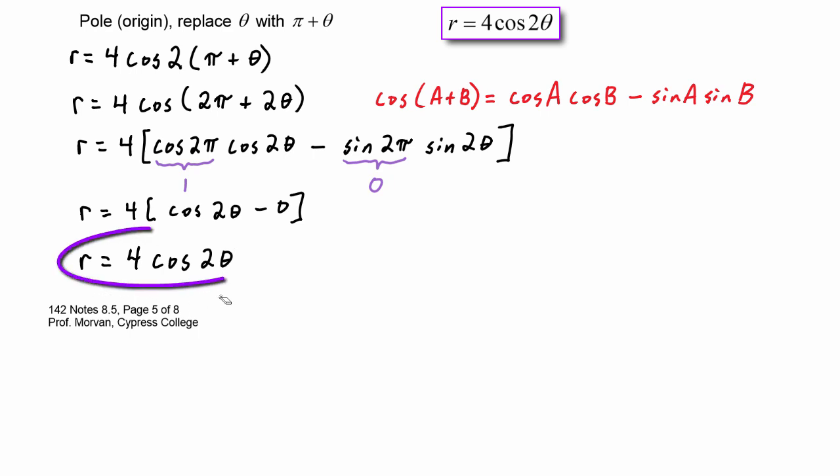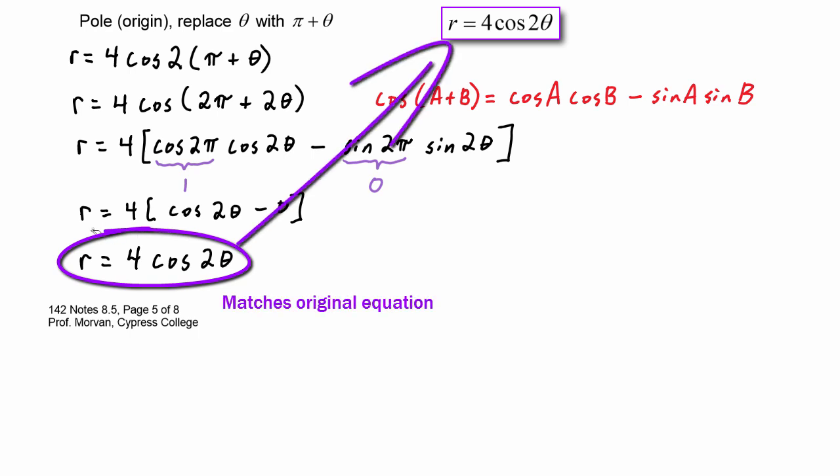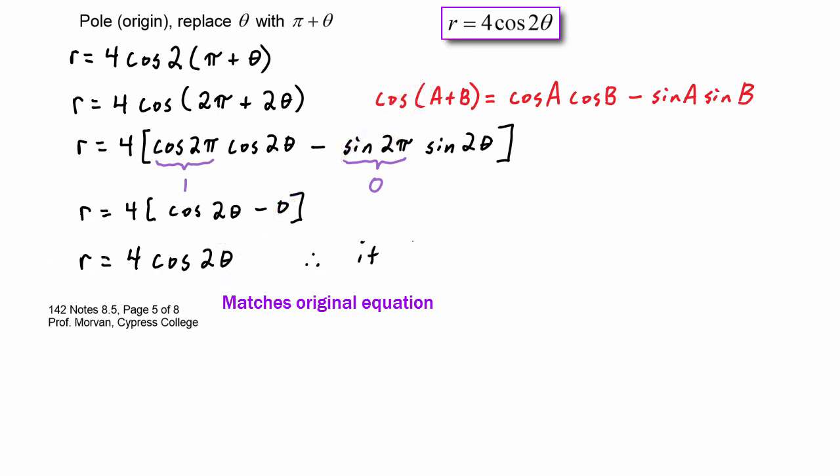This equation is exactly equal to the original equation, so therefore it has pole symmetry.